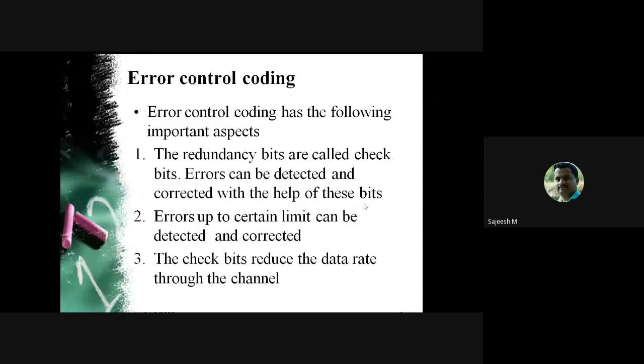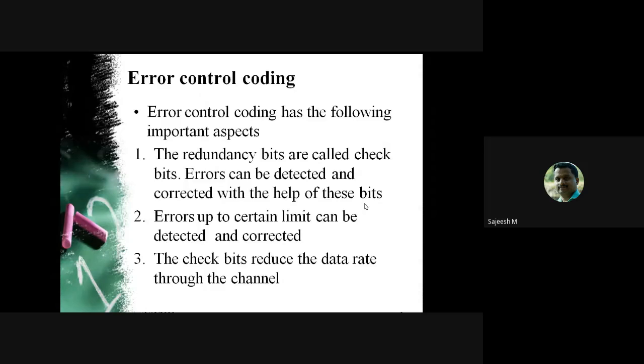There is a limit. Making use of some parameters of the code, we can comment about its error detection and error correction capability. Anyway, there is a limit on how many errors can be detected and corrected.